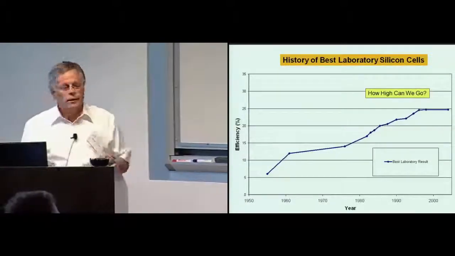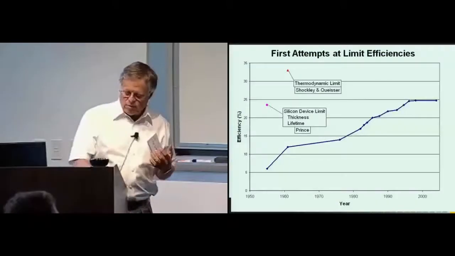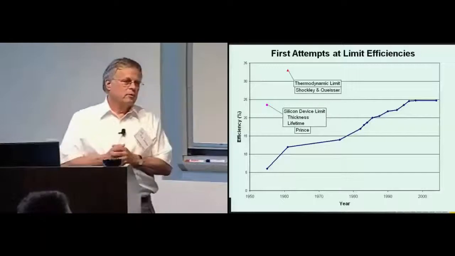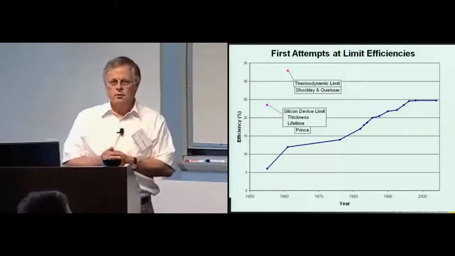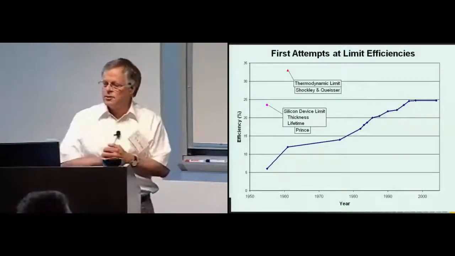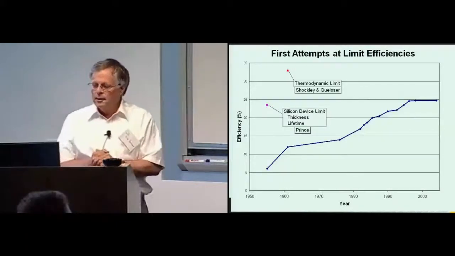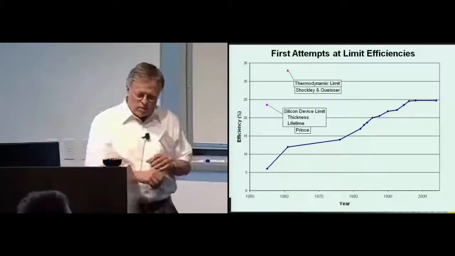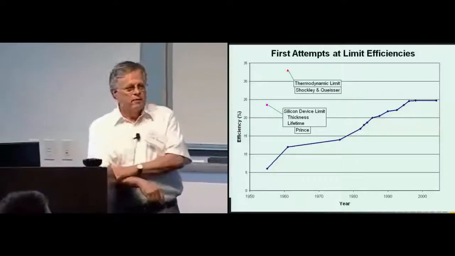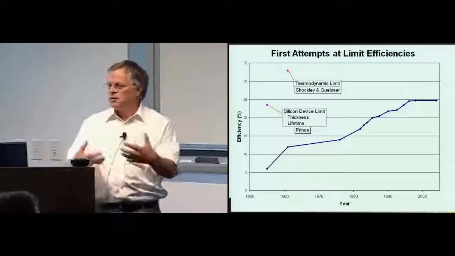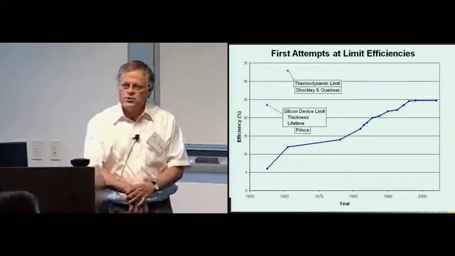And early on, there were essentially two approaches to that question. There was the thermodynamic approach that was really initiated by Shockley and Queisser, using a sort of detailed balance limit kind of idea. And then there were the people that didn't understand anything about thermodynamics and were sort of semiconductor device guys, and they plugged the drift and diffusion equations into models.